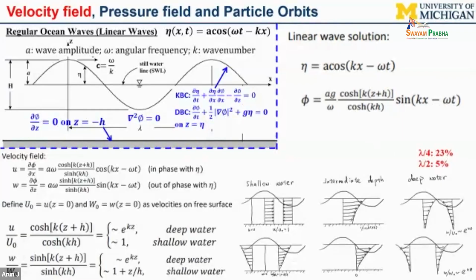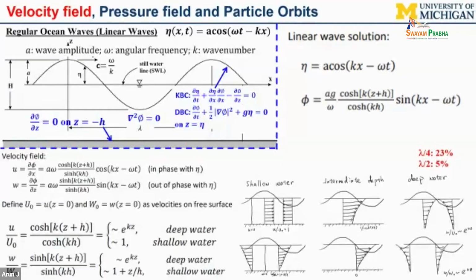How large will the velocity change? Put this into the relationship, and at z equal lambda divided by 2, a 40 meter depth, the amplitude of the particle motion is reduced to 5%. And at a quarter wavelength depth, it becomes 23%.